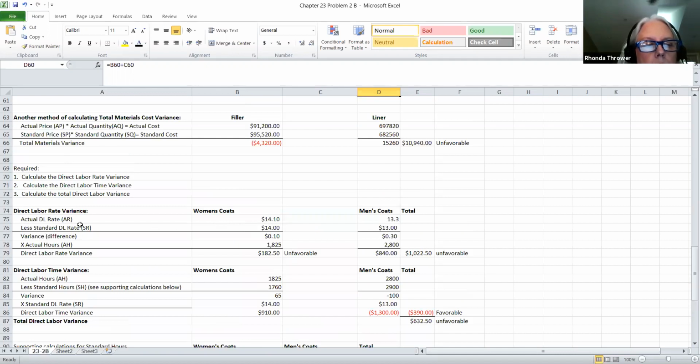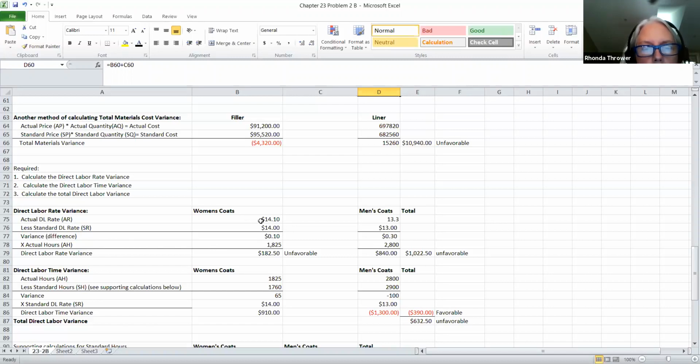To find the direct labor rate variance, which is the second part of the first problem, you're going to look for your actual direct labor rate, which is given. The standard is also given. Compare the two to get this, and then multiply it by the actual hours, which was given.